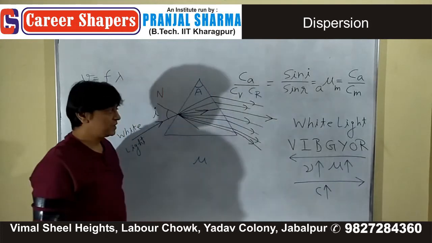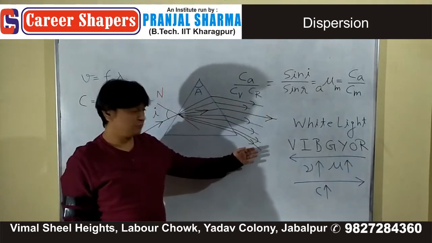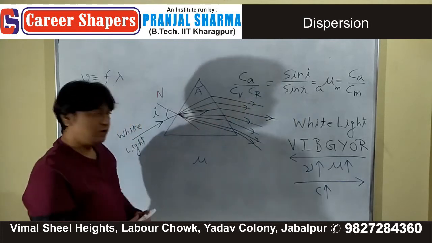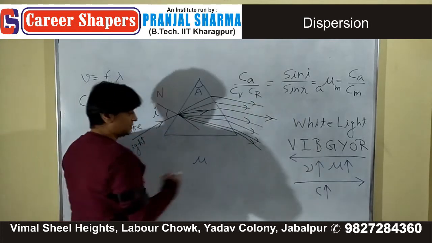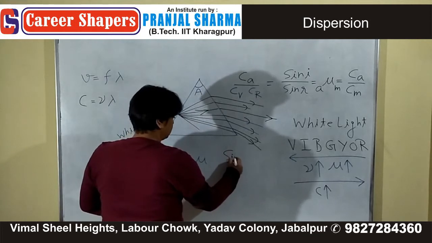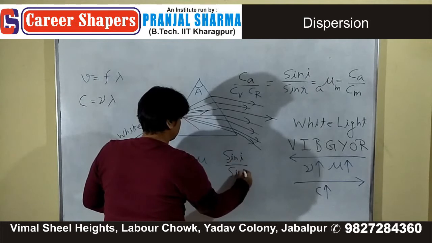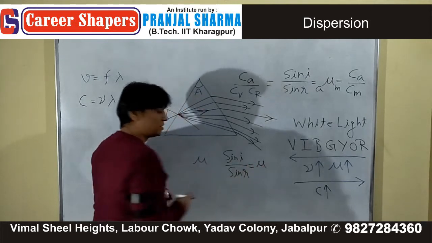Now, which one is blue, which one is violet, and which one is red? We can also decide that with the help of this setup. Sin I upon sin R is what? Mu.